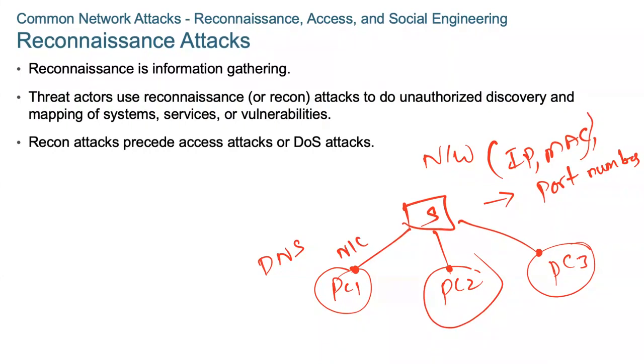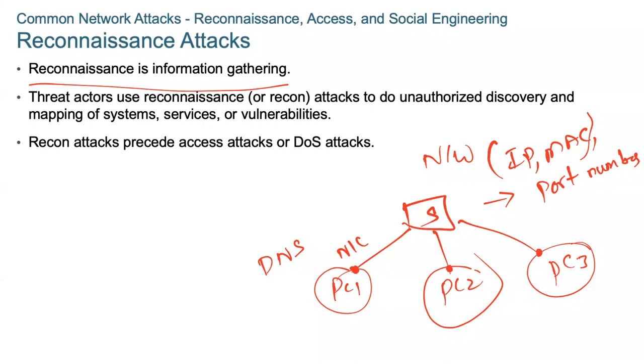So the threat actors use this reconnaissance in the network to gather information, or sometimes we call it the recon attack, the unauthorized discovery and mapping of system services or vulnerabilities. This recon attack precedes the access attack or the denial of service attacks.